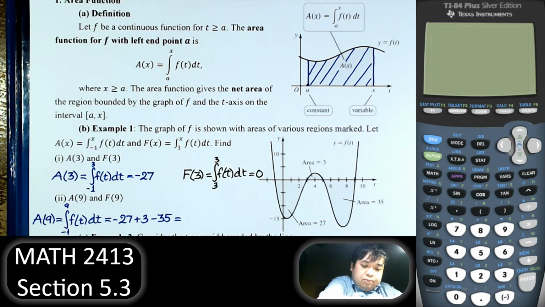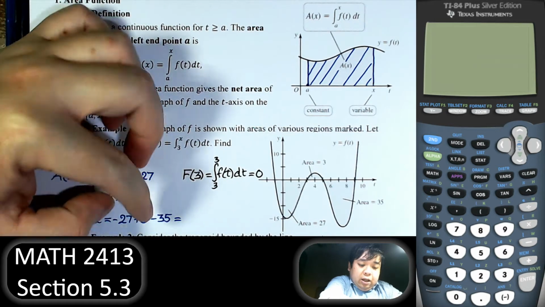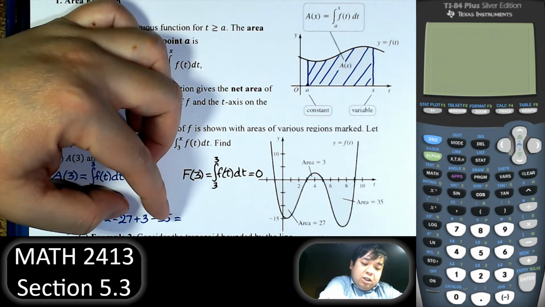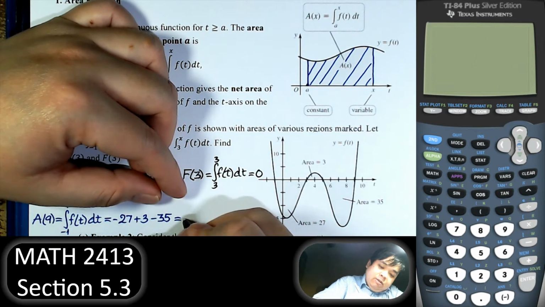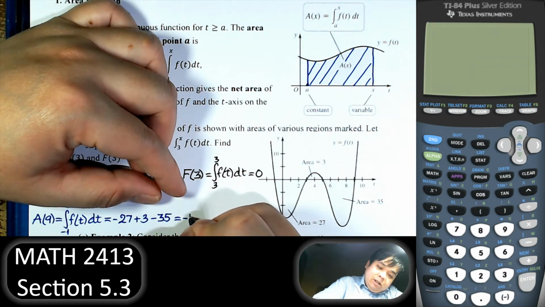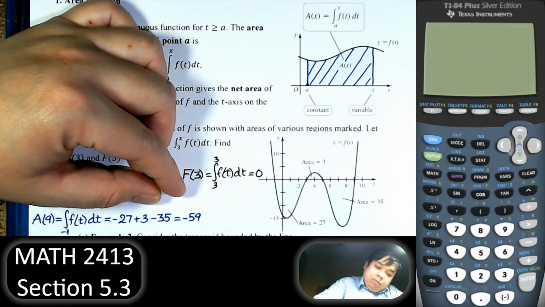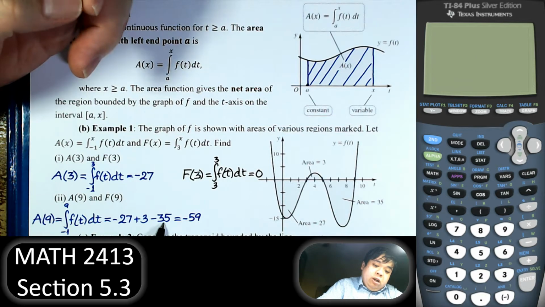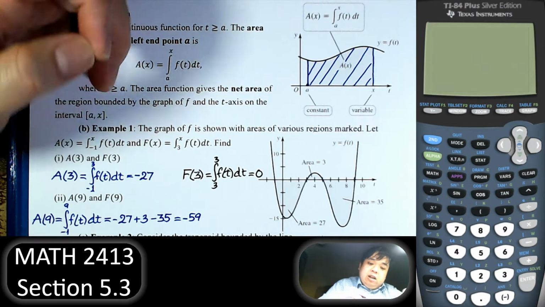So we do that. -27, -35 is -62. Plus 3, this is -59. Yeah, -27 and 3 is -24, -35 is -59.